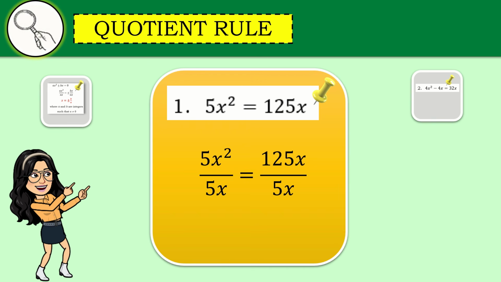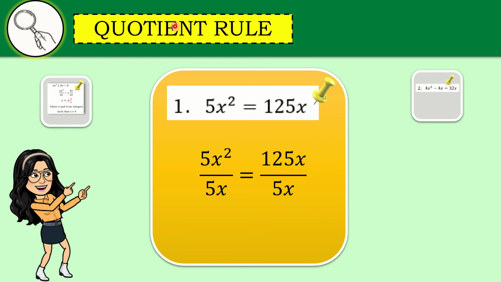Take note, 1 over 5x. So here, we divided both sides by 5x, and we have eliminated 5x. On the left side, we will be left with x.